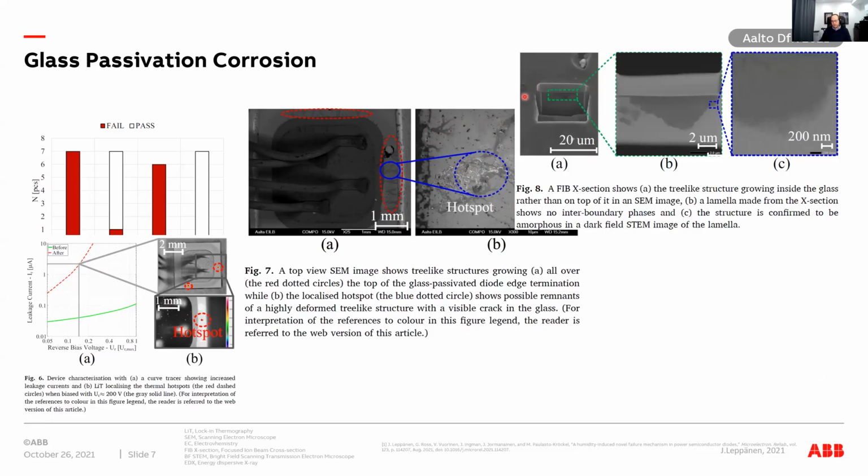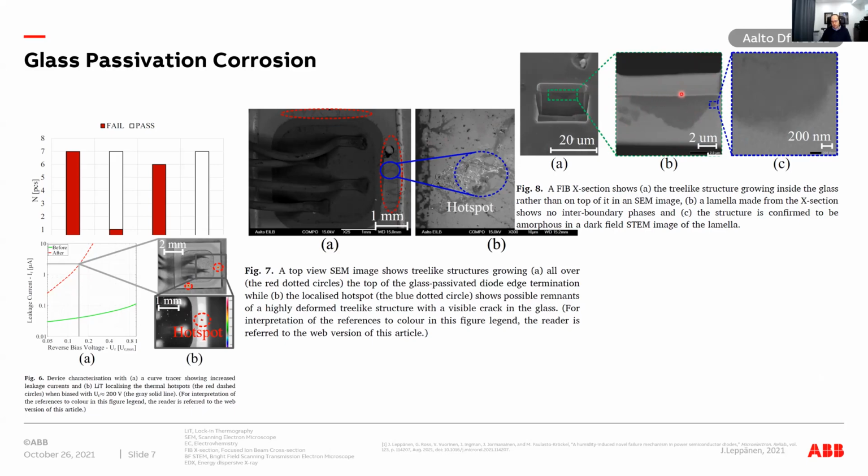And then we made a focused ion beam cross section, and finally made a lamella out of it and looked at it in the scanning transmission electron microscope, and saw that, okay, instead of growing on top of the glass, it's growing actually just beneath the surface.